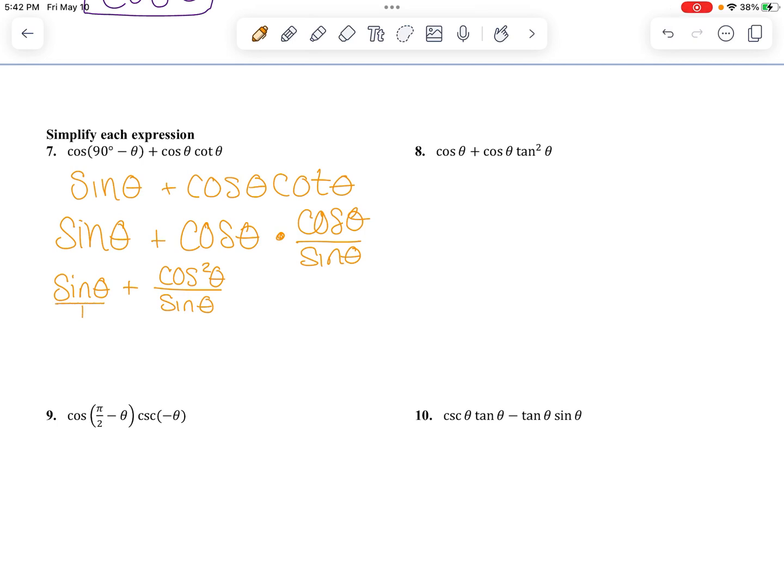Okay, now I'm adding fractions. So I'm going to get a common denominator by multiplying both the top and the bottom by sine. Don't lose your thetas. I get sine squared theta over sine of theta plus cosine squared theta over sine of theta.